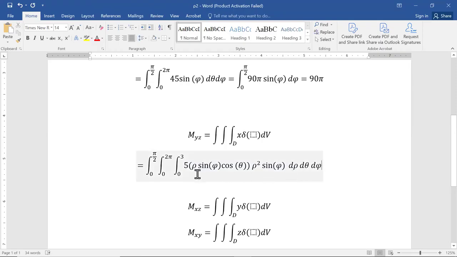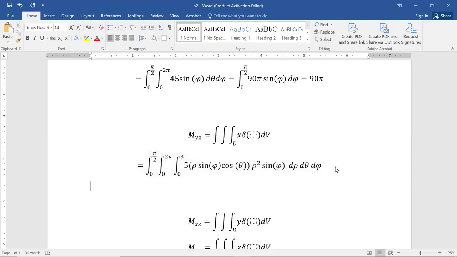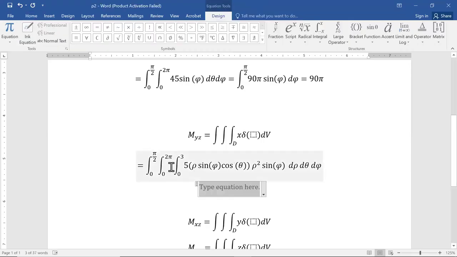Now we can do the whole thing of integration. We can integrate with respect to rho first if we'd like, but I'm going to do a trick.